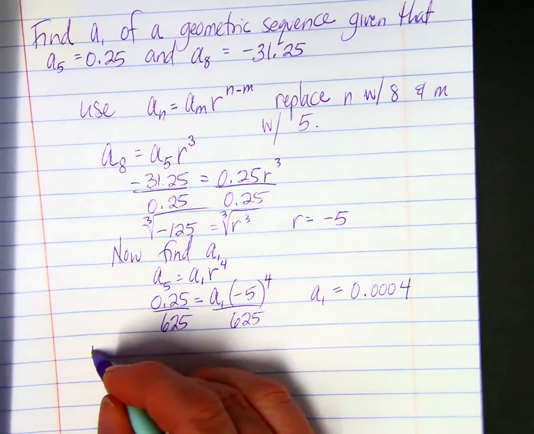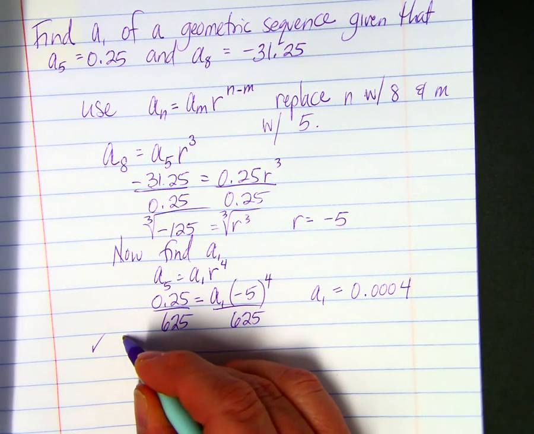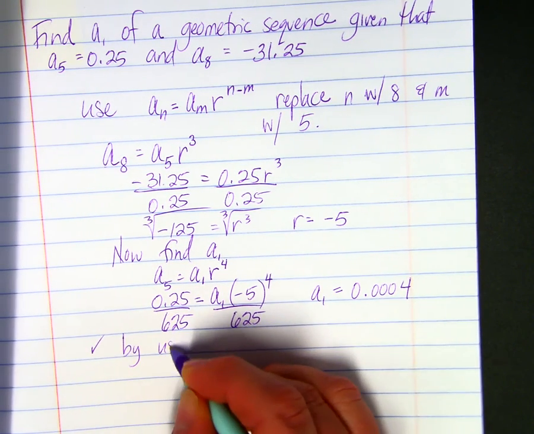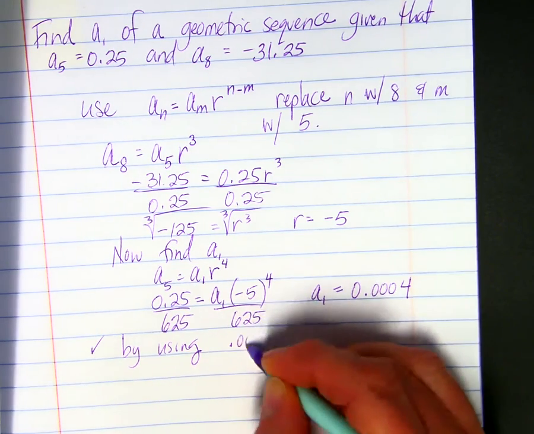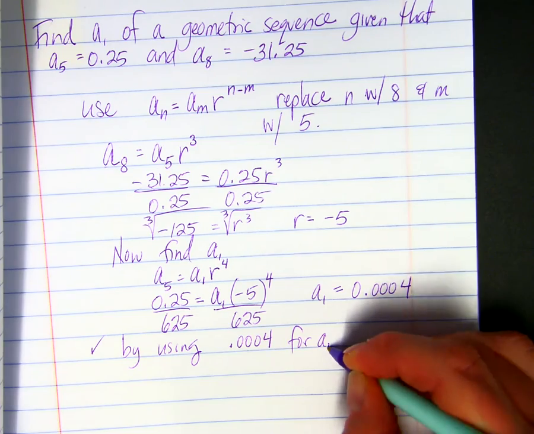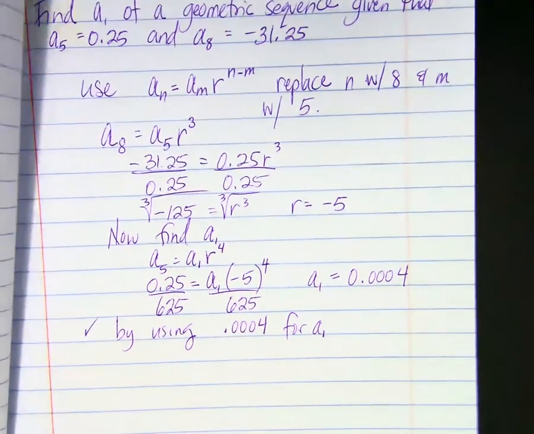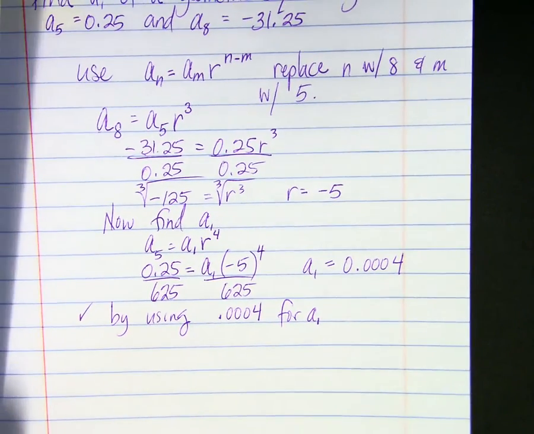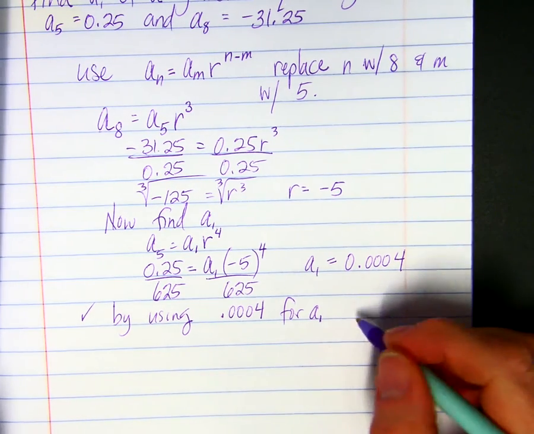And you would check it by using 4 10,000ths for a sub 1, and then just finding the 8th term.